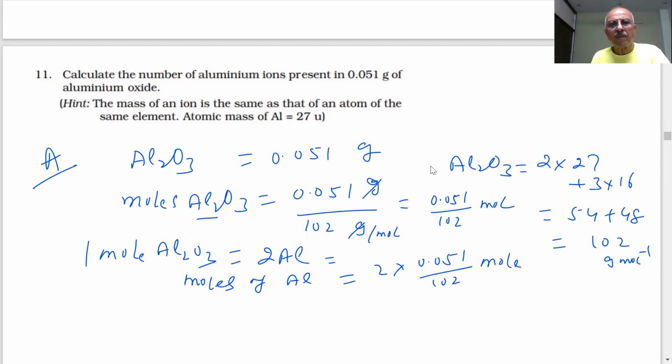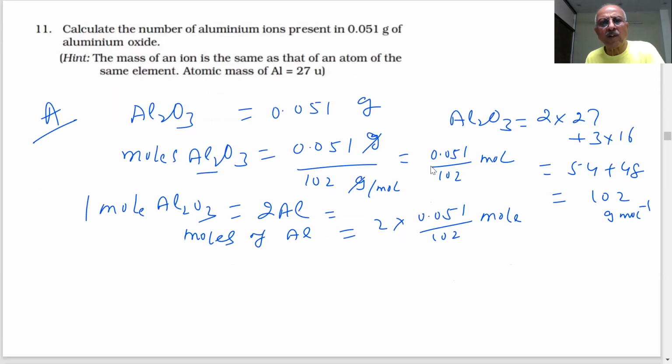Clear? Yes, sir. So that many moles of aluminium. Aluminium ions have the same thing. The number of aluminium ions or aluminium will be the same. So moles of aluminium ions are also the same.